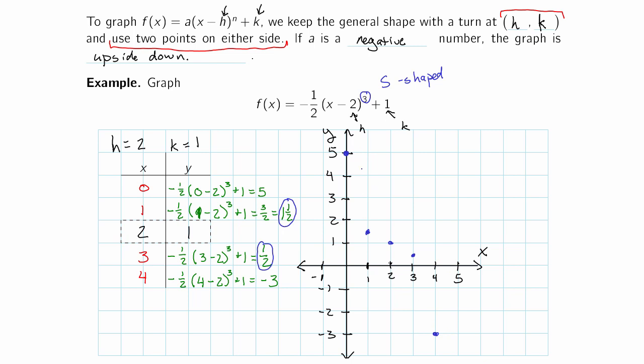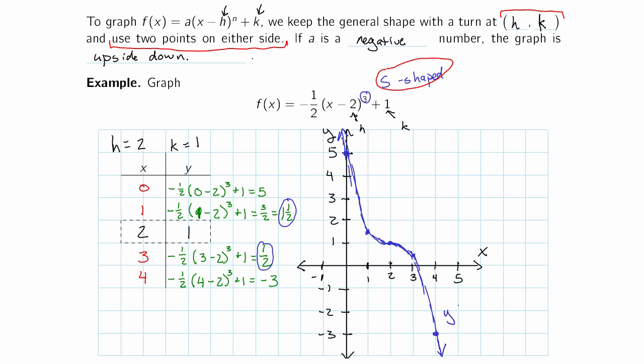And I might be tempted to draw like a zigzag, because it looks like those 3 points lie on a straight line. But I know I'm going to have an S-shaped curve, so I'm not going to do that. Instead, I'm going to try to draw kind of a smooth curve that goes through these points. It's got a little twist in the middle there, and I know it flattens out at that turning point, and then it comes down, and it'll look something like that.